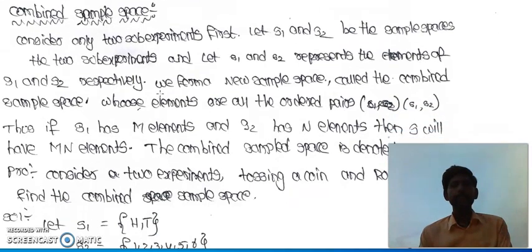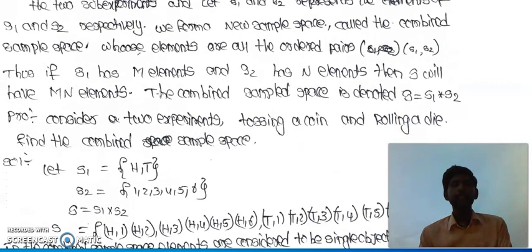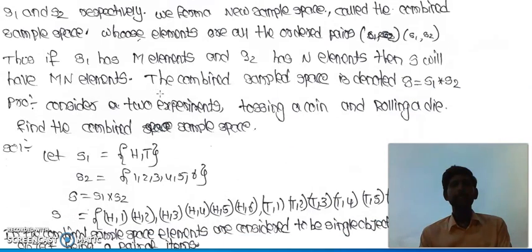Thus, if S1 has m elements and S2 has N elements, then S will have mn elements. The combined sample space is defined as S equal to S1 cross S2.